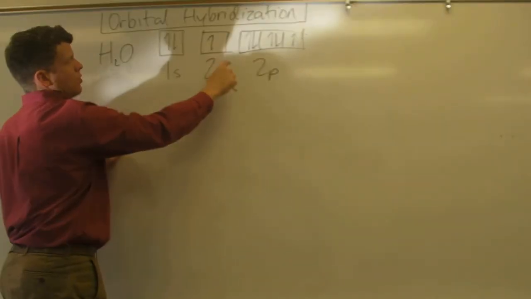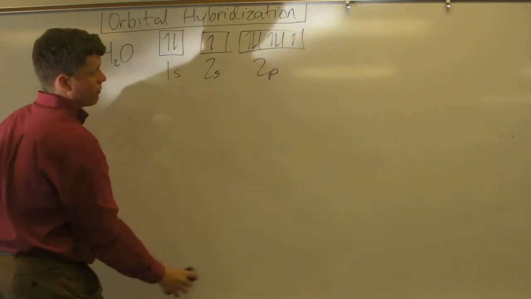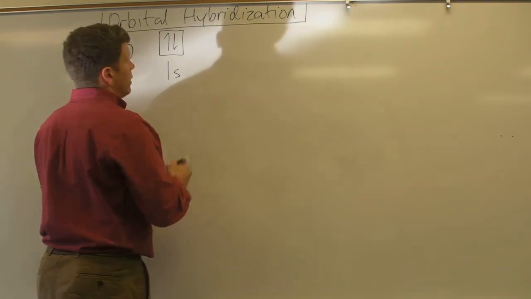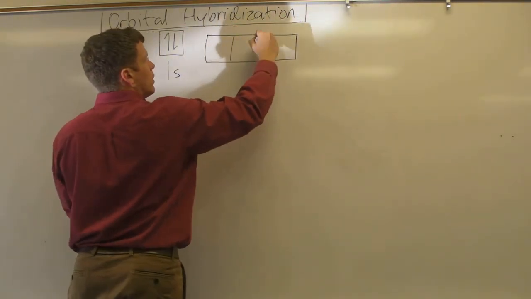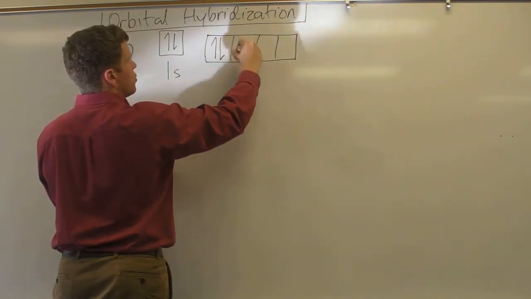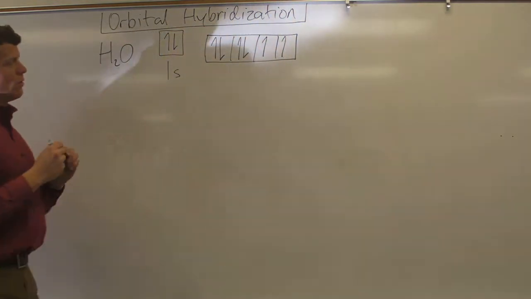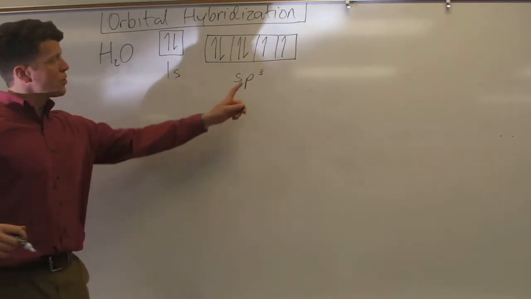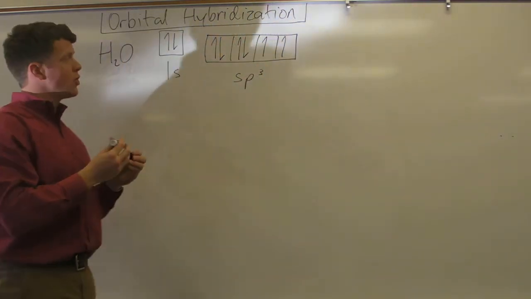Then these two orbitals form a hybrid. It's easiest just to erase the whole thing. These are all supposed to be the same size. So we had 2. So again, it's sp3 because we used 3 p orbitals and then 1 s to combine to make this new version.